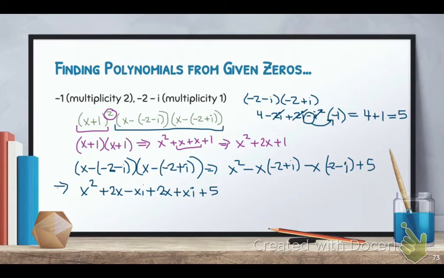So let's see if we can cancel anything else out. And yay, these i's cancel out, right? So now we have this wonderful binomial of x squared plus 4x plus 5. And this actually still needs to be distributed out with this guy over here, right? So let's do that next.